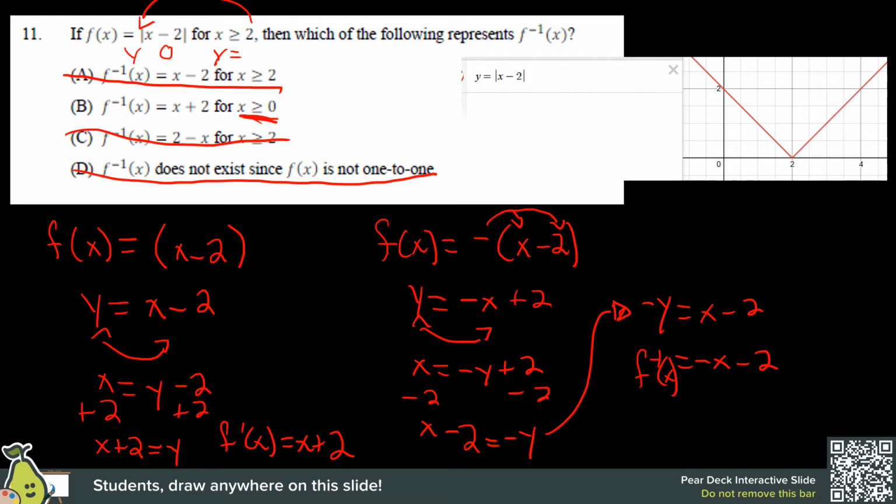So that means that y equals 0, right? And when we switch our x and our y, now x becomes 0 for our inverse value. When we switch, remember those numerical values switch as well. So this needs to be true, that x is greater than or equal to 0. So this statement ends up being B.